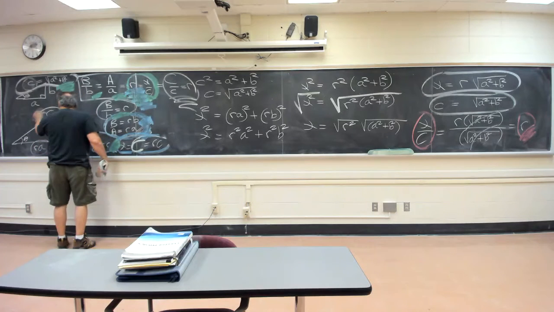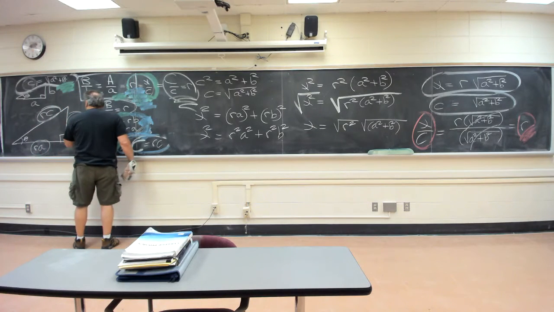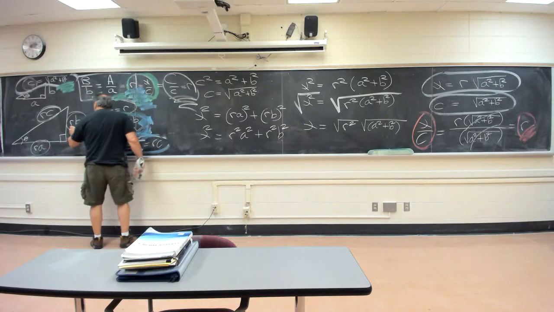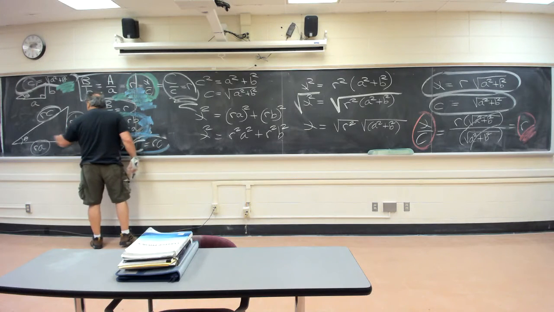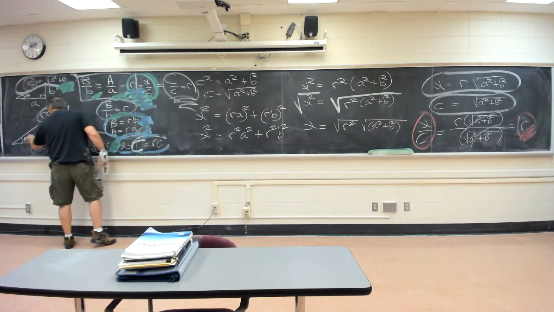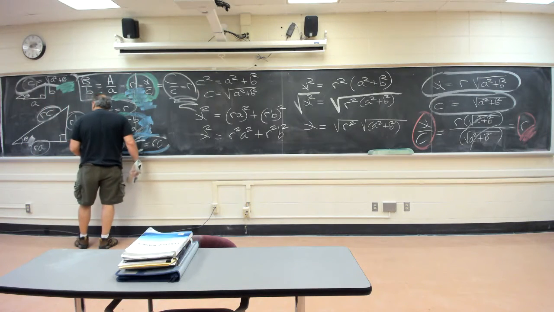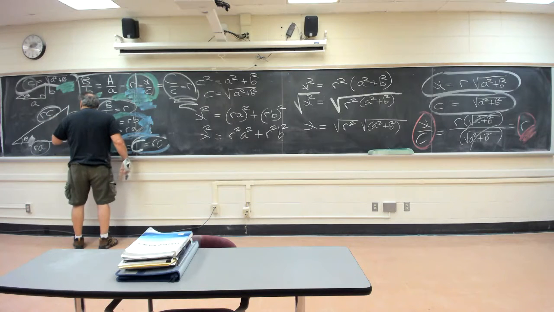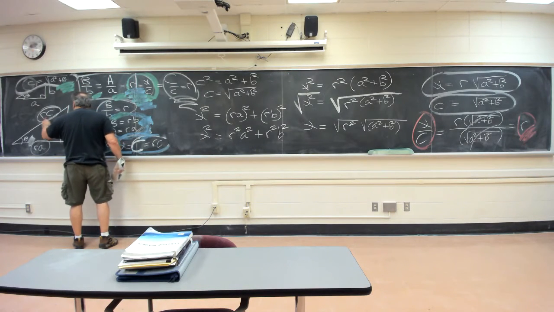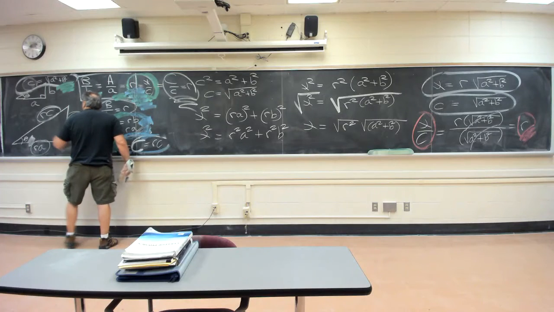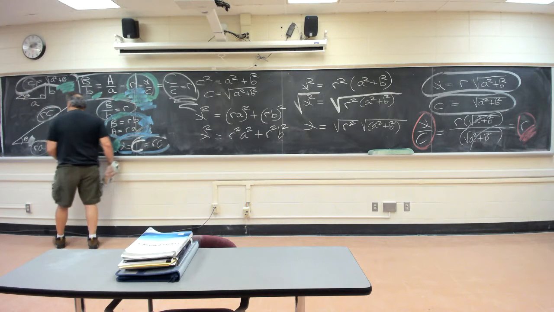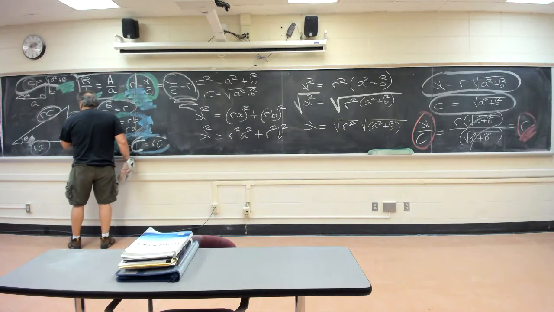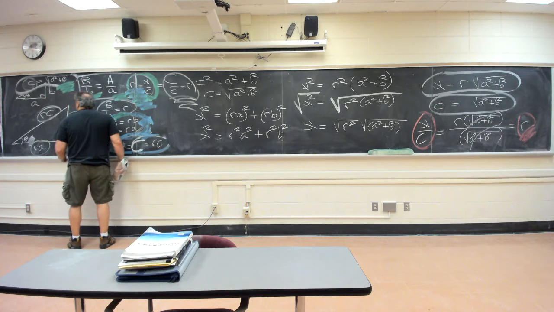That's RC. What is RB divided by RC? Here's the angle theta. I think you might know where I'm going here. RB divided by RC is B over C, the same as B over C right here. What is RB divided by RA?